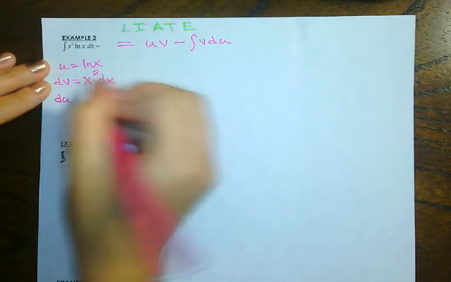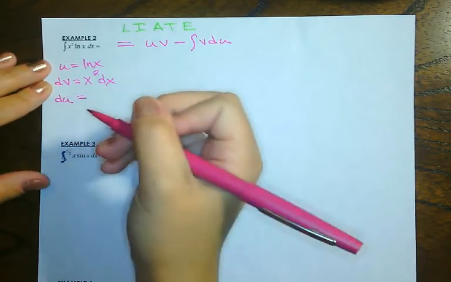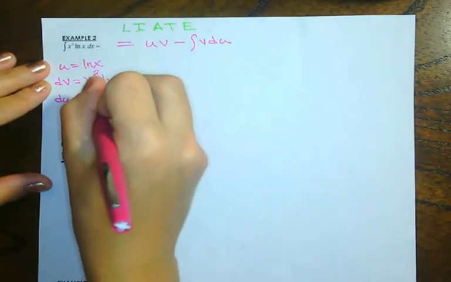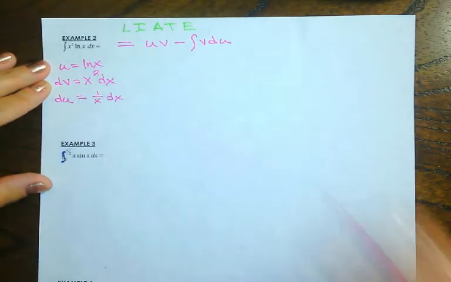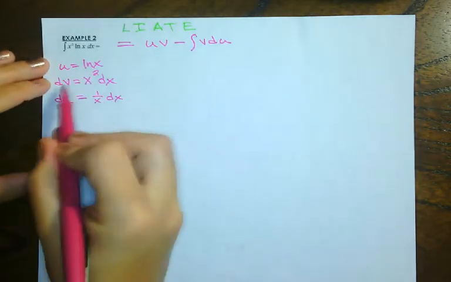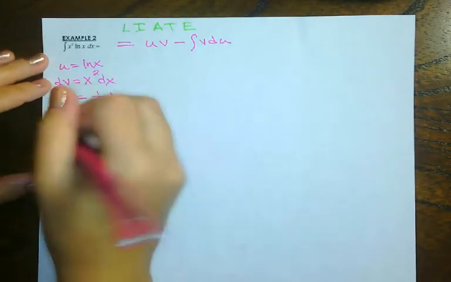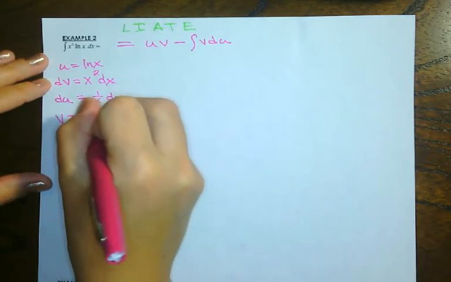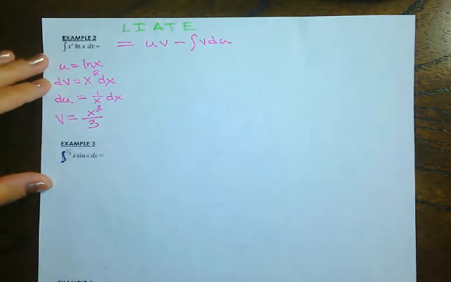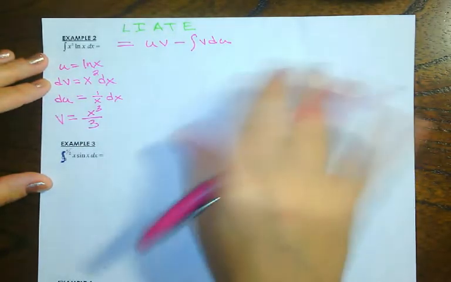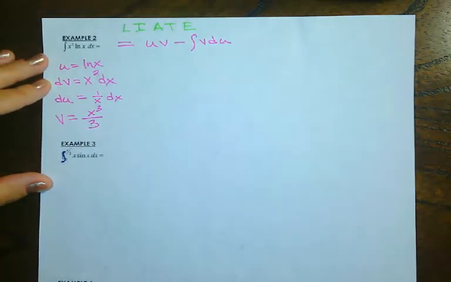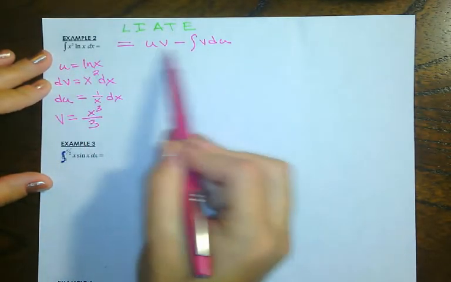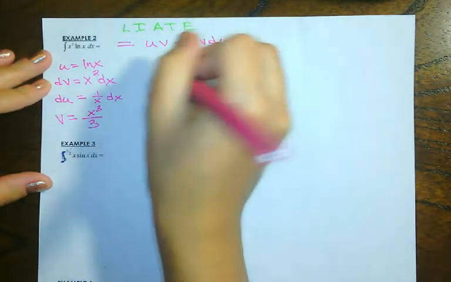The derivative of my u with respect to x, the derivative of ln of x is just 1 over x dx. So you've got 1 over x dx. Okay, and now I need to integrate dv. So if I integrate dv, you add 1 to the exponent, divide by that number. Okay, and I'm going to put the plus c over in there, so you don't need to do that for this. And so now I'm just taking these and dropping them right into this formula.